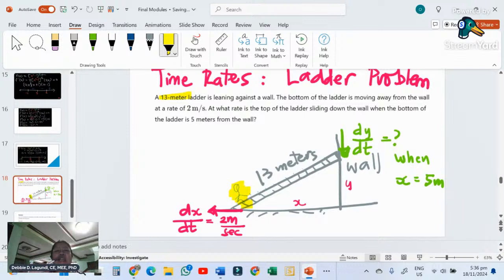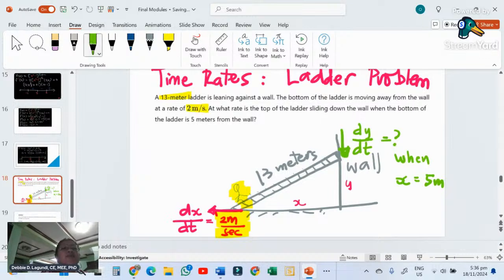If this is the wall, it's leaning like this, as you can see from the illustration. The bottom of the ladder is moving away from the wall at a rate of 2 meters per second.